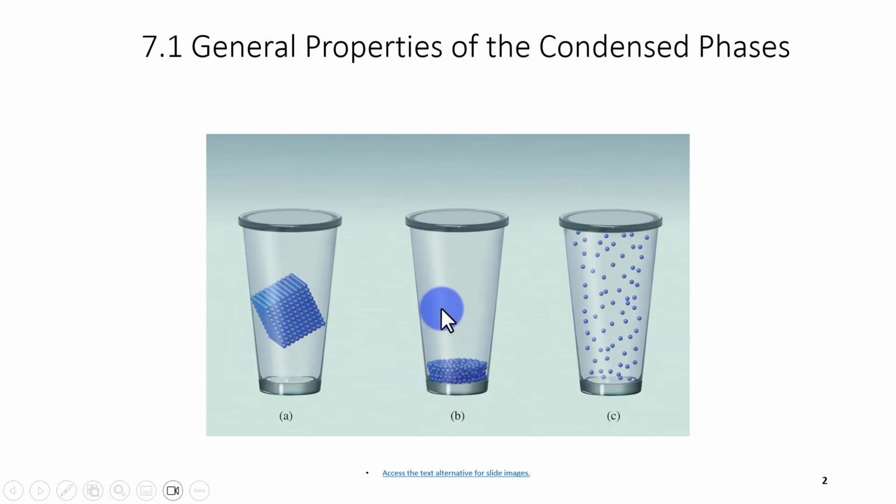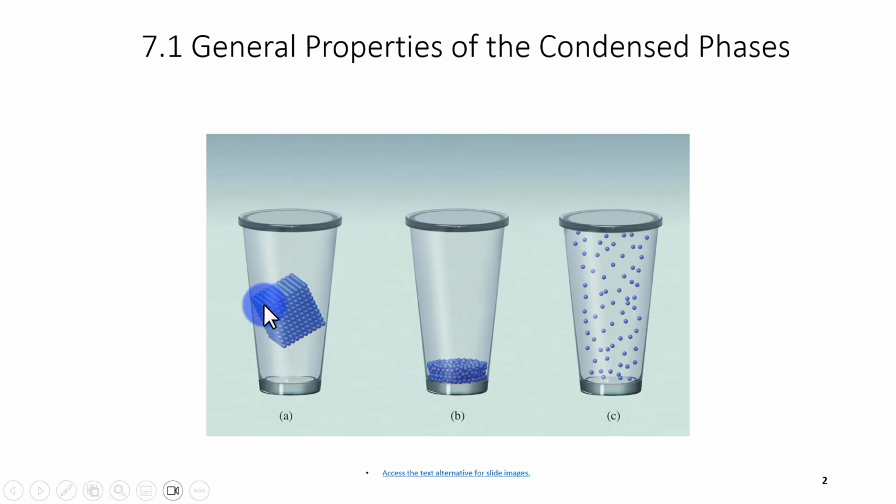The solids and liquids are referred to as condensed phases, and they differ from the gases in terms of how strong the intermolecular forces are between the molecules and how close the particles are to each other.